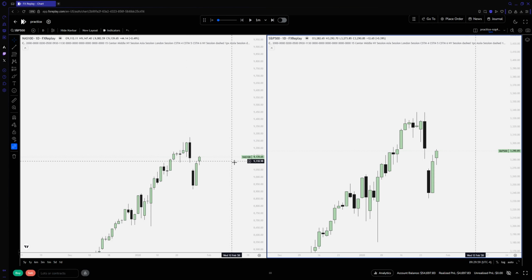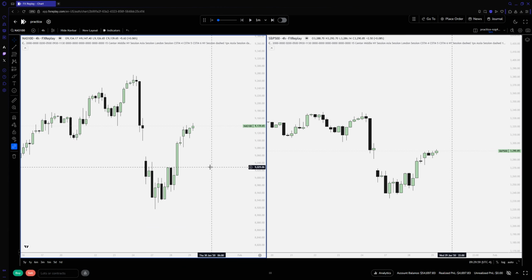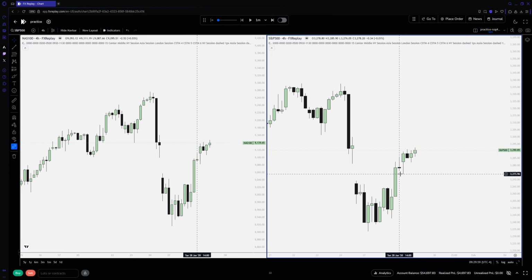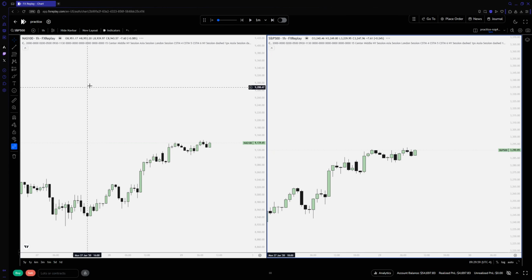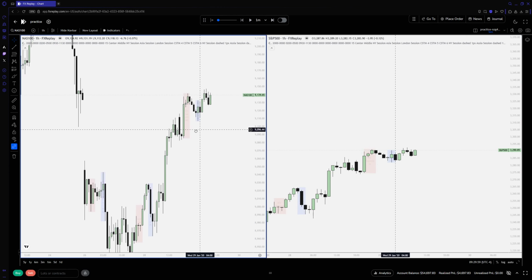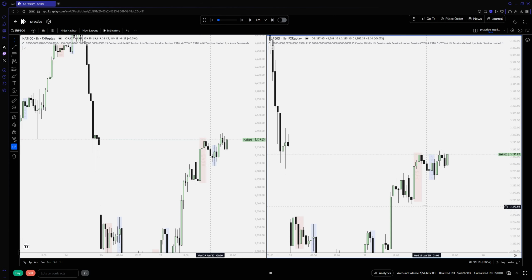Obviously, our draw on liquidity would be up here. And it looks like we might have an established low of day. Potentially, but we did dip into here. Maybe an established low of day. Doesn't look that convincing to me, but hey. Oh yeah, actually maybe it is an established low because we dipped into the fair value gap.